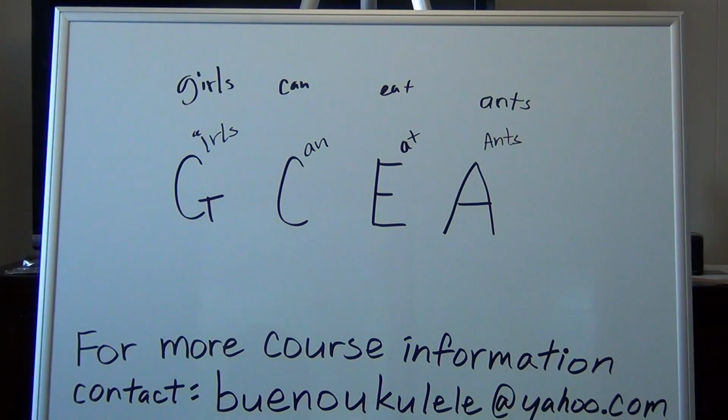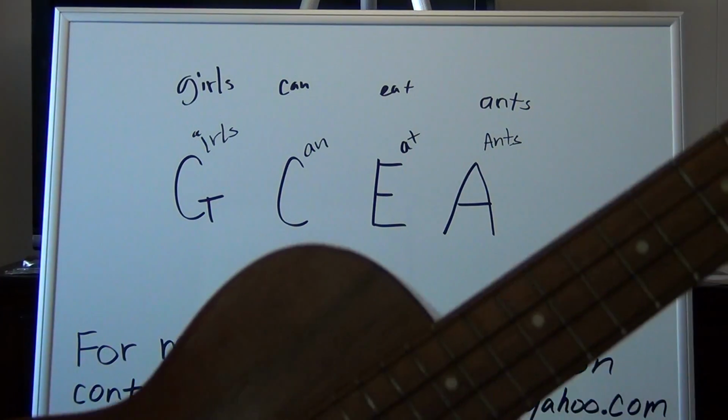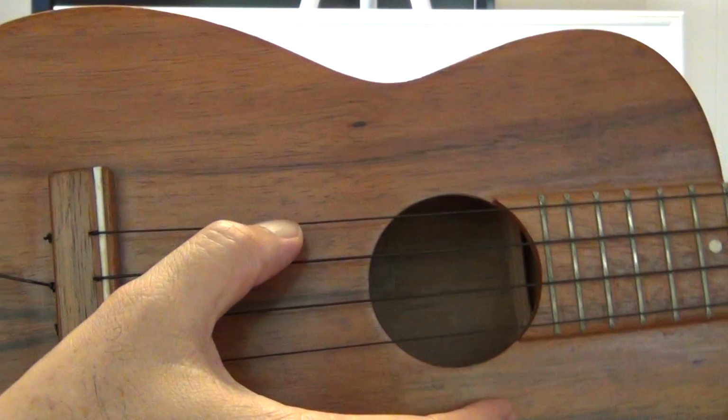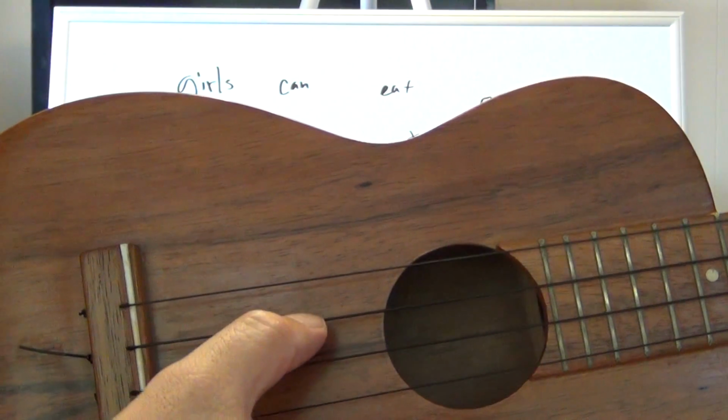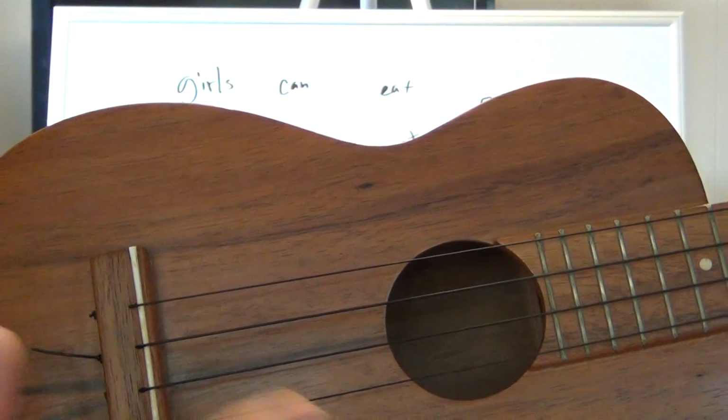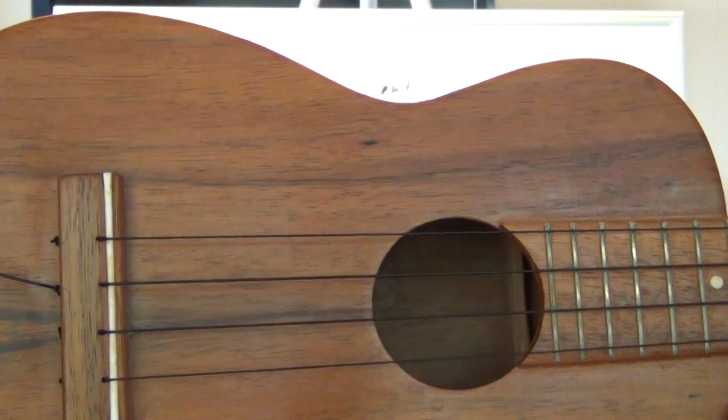And the reason for that, once again, is that the more you get to listen and get familiar with the open strings of your ukulele that is in tune, the lot easier it's going to be to tune, because your ear will start to get very familiar with the correct tuning of the ukulele. So the more and more you hear this, the more and more you will know what a tuned ukulele should sound like.